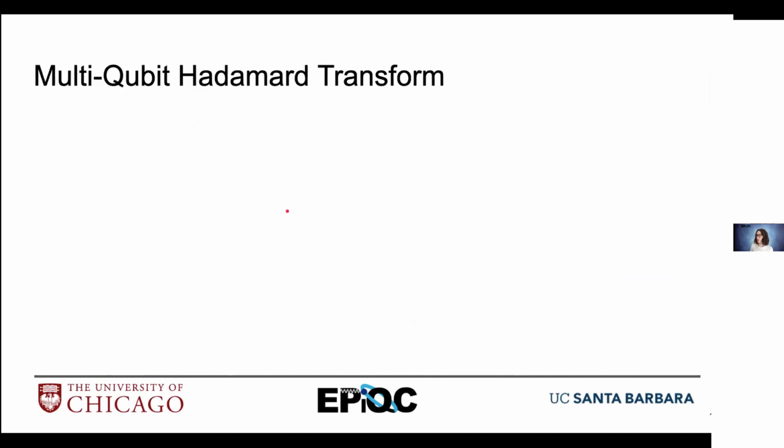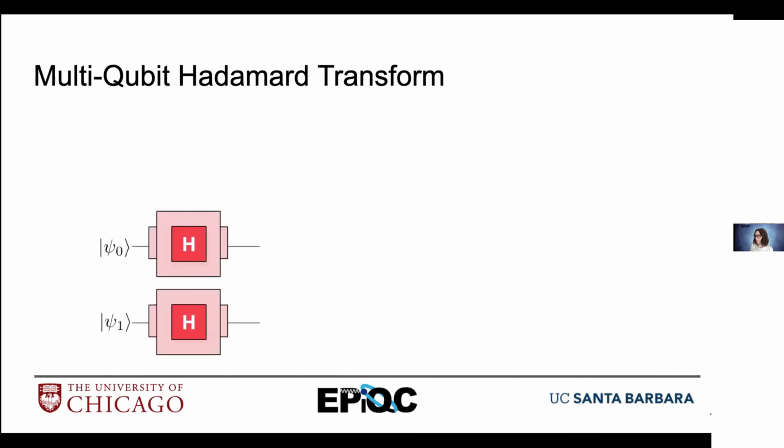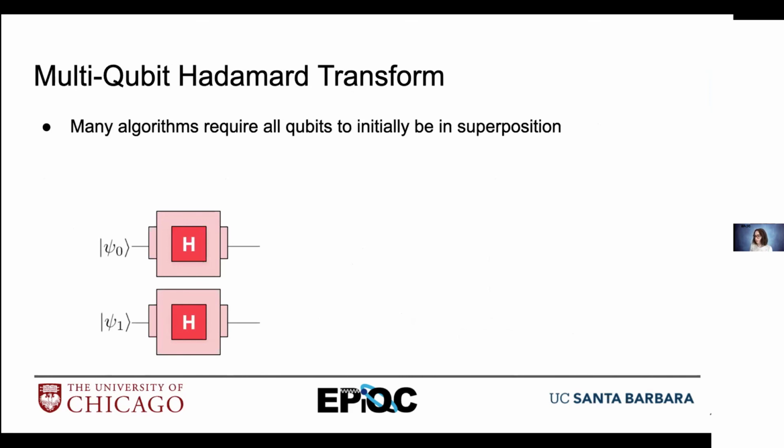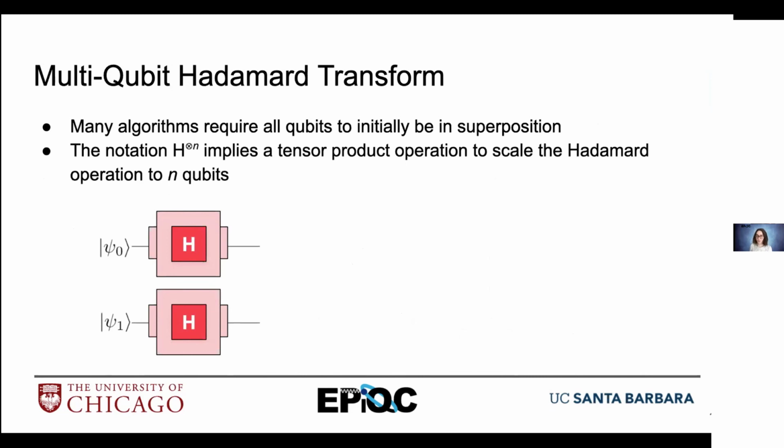So let's talk about the multi-qubit Hadamard transform. This is something you'll commonly see in quantum algorithms because step 1 is usually to put all qubits in superposition. So we have a standard notation that's often used to indicate this type of operation, where you tensor multiple Hadamard operations to create a state that puts a bunch of qubits into a state of superposition.